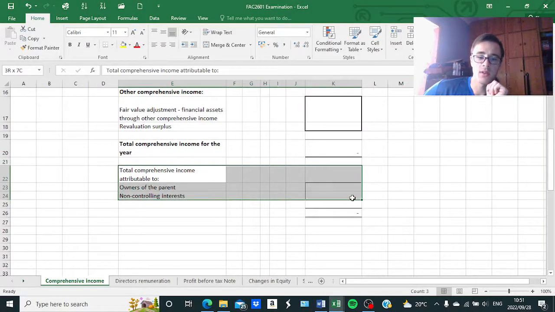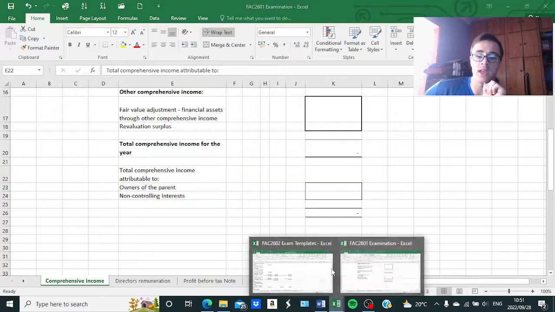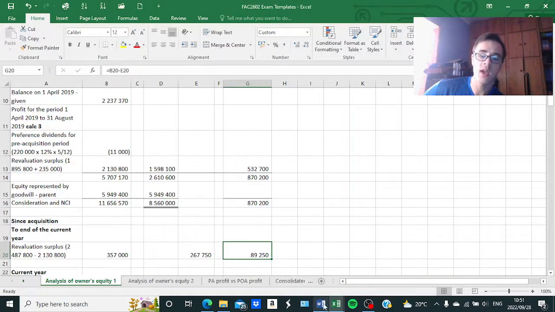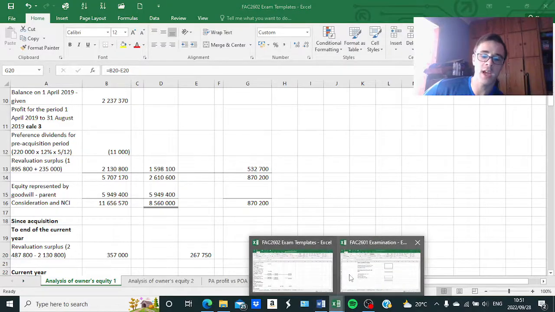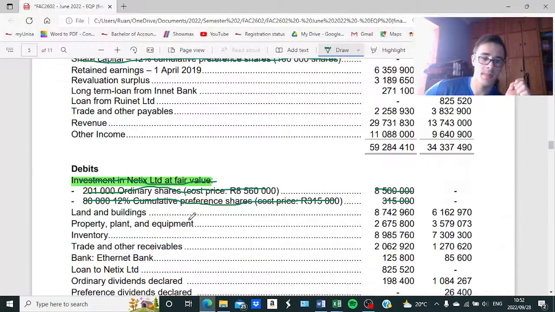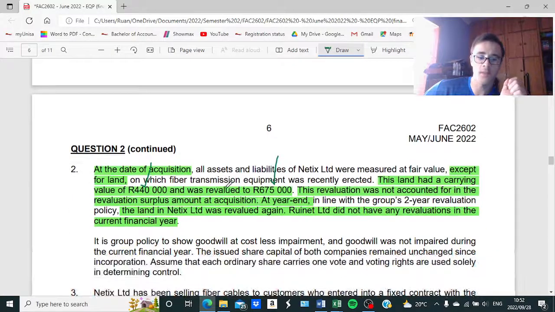The amount of revaluation surplus attributable to non-controlling interests would be part of the calculation for this amount. So just keep that in mind, which is why I say it is vital for you to draft the analysis of owner's equity, because that one will help you a lot. Right, so let's move on.